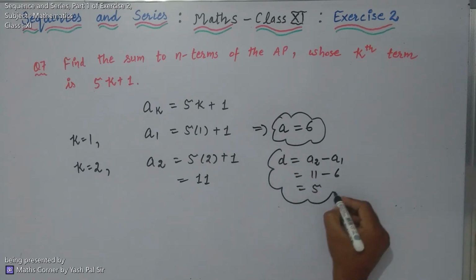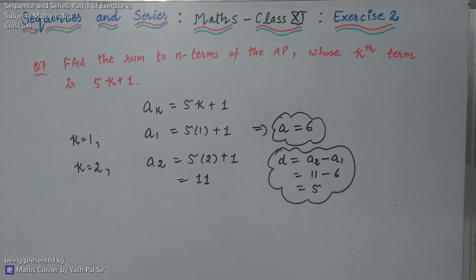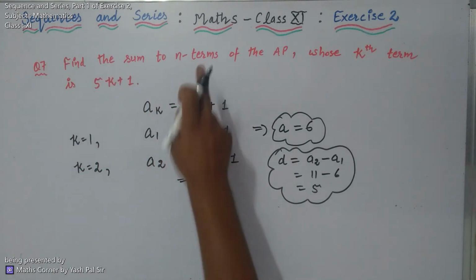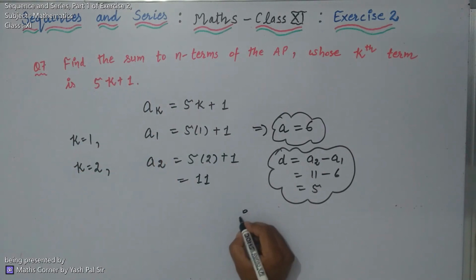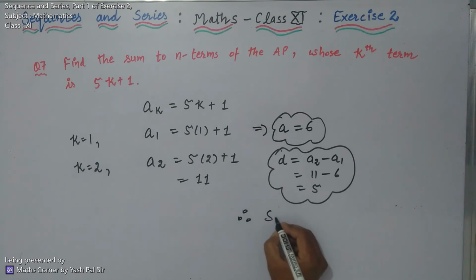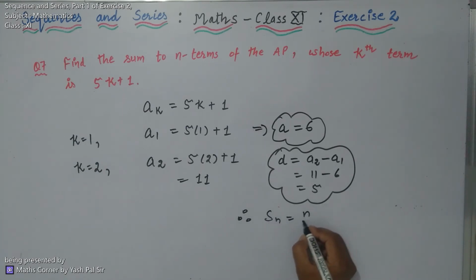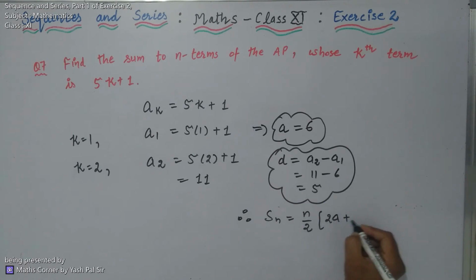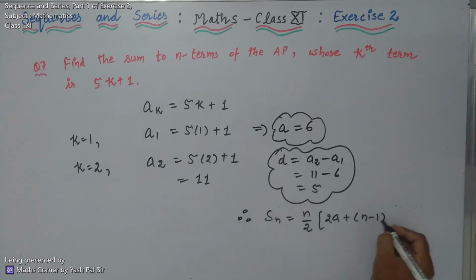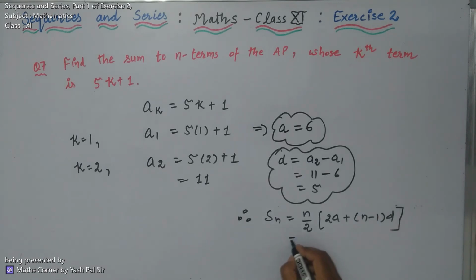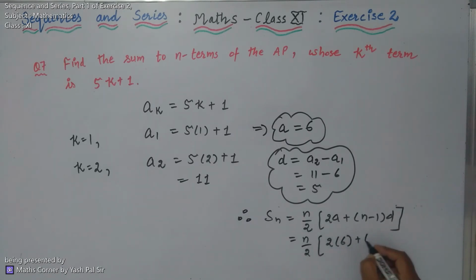So the value of d is also obtained. Now what is the question? Find the sum to n terms. Therefore the formula is Sn is equal to n upon 2 into 2a plus n minus 1 into d. So here this is equal to n by 2 into 2 into 6 plus n minus 1, d is 5.